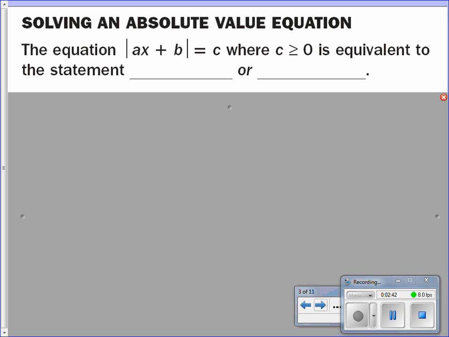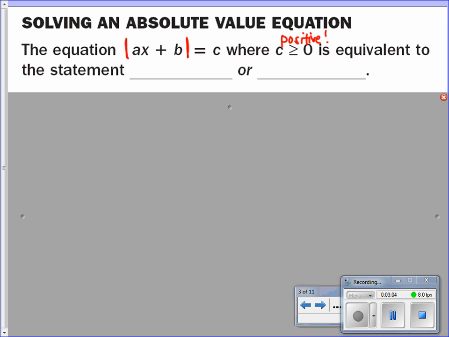So solving an absolute value equation. The equation is the absolute value of ax plus b equals C, and C has to be positive. Do you notice how many times we are focusing on the answer being positive?